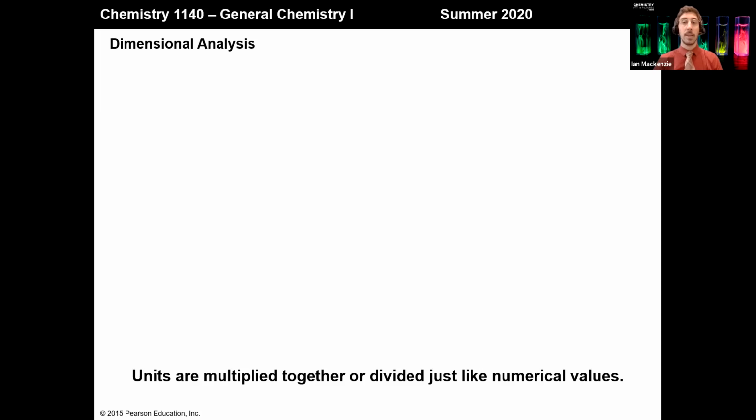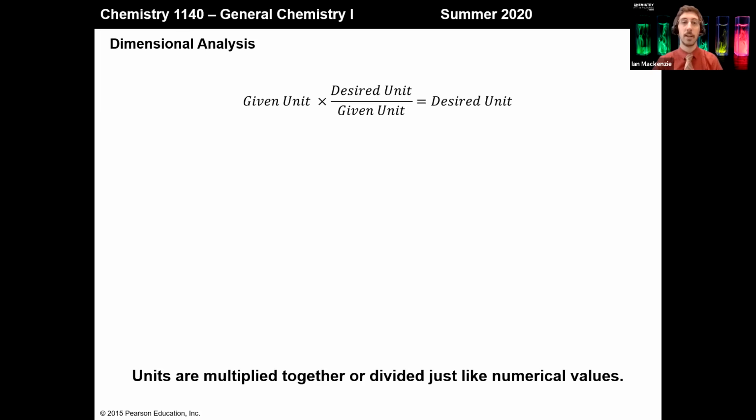And so that's where something known as dimensional analysis comes in. This is essentially just a way of keeping track of our units during calculations. It turns out that units can be multiplied together or divided just like numerical values are.